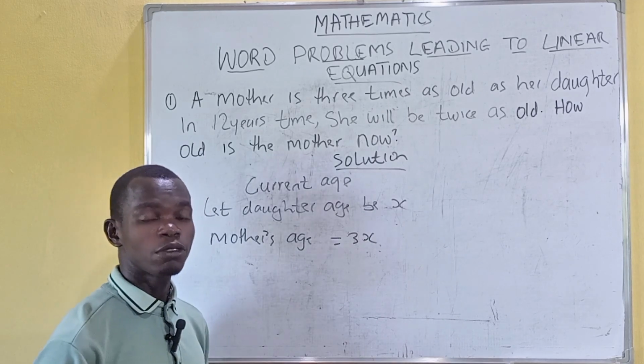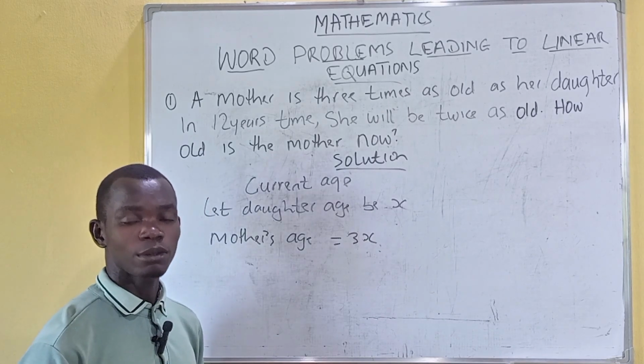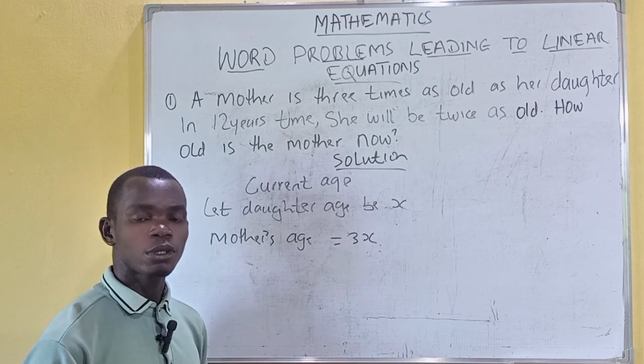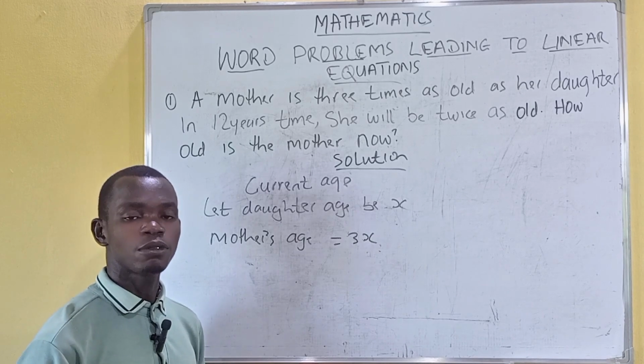For example, if your current age is 3 years old, and in 12 years' time, what will be your age? So, when you add 12 to your age, it will become 15.